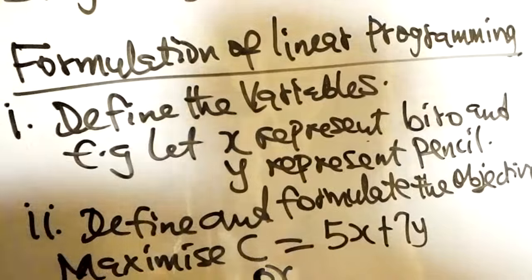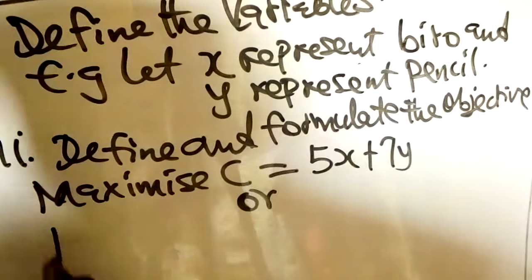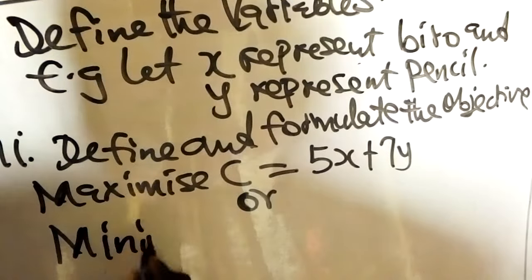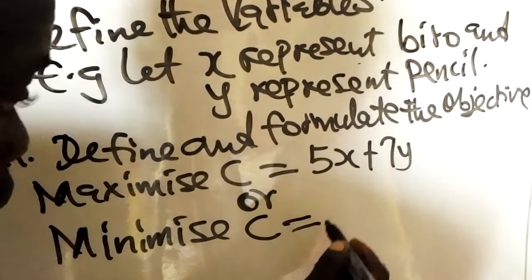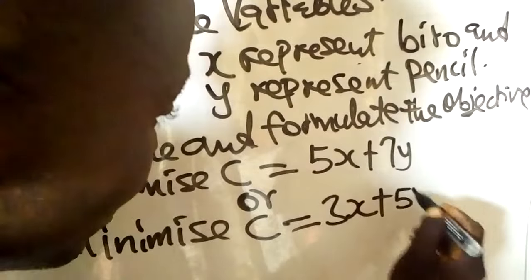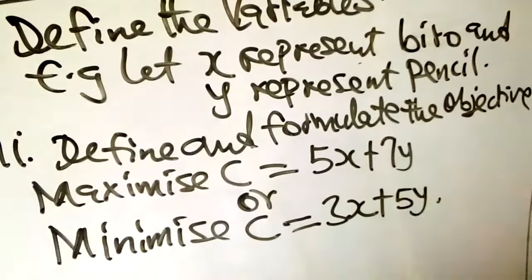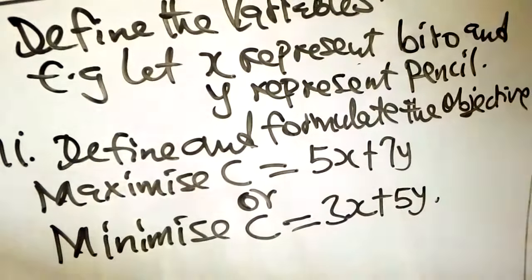Or you put minimize. I've told you that you only have a single objective, not both. You can't have both at a time in a problem. So you have minimize cost equals 3x plus 5y. So that is the objective function.